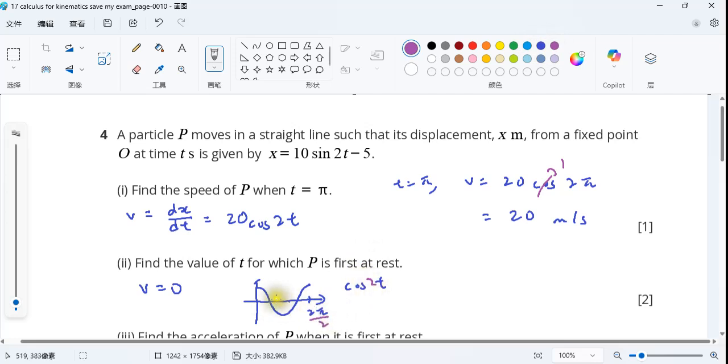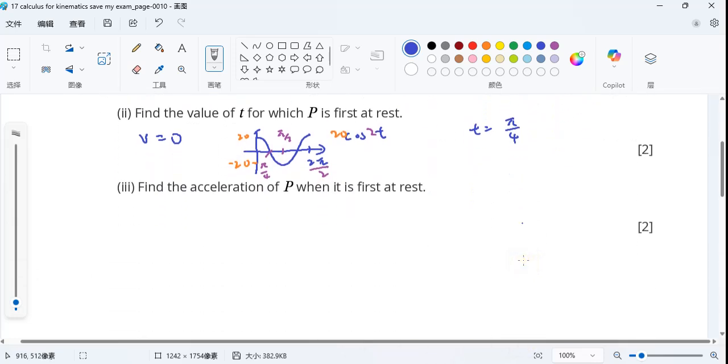Then over 2, this is pi. Then pi over 2. Then this is pi over 4. Then multiply with 20. Then we have 20 and negative 20. So t equal to pi over 4.